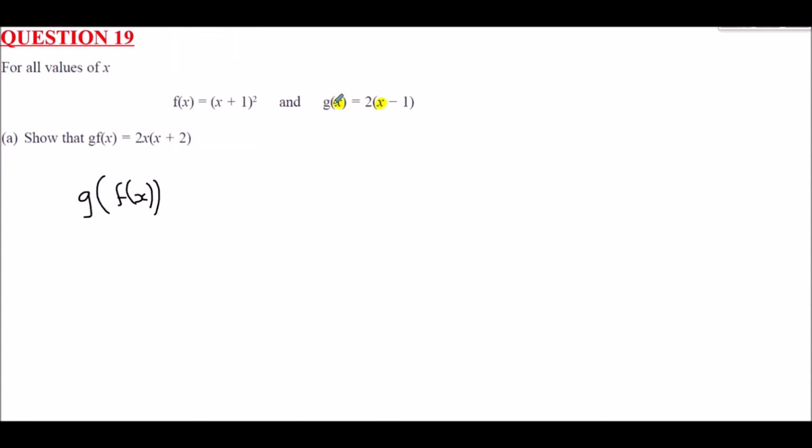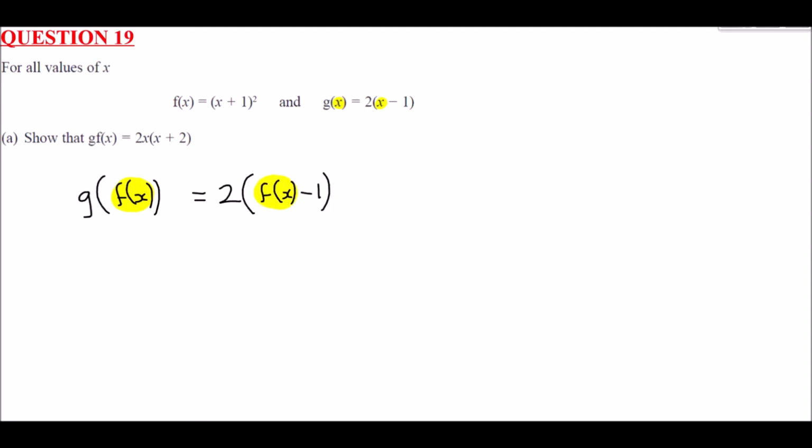So here, the input of g isn't x, our input for g is f of x. So the way this works is we're going to input f of x instead of this x. So this is going to give us 2 lots of f of x minus 1.